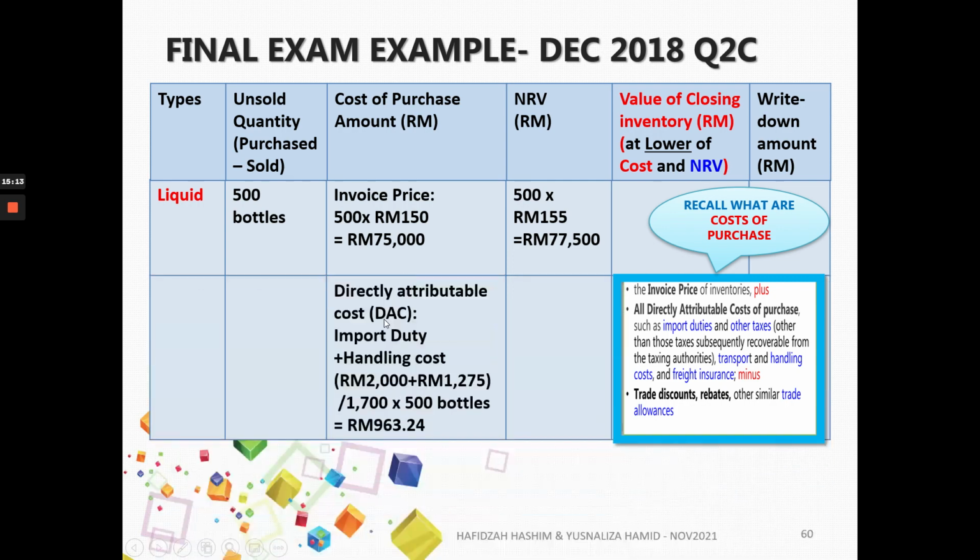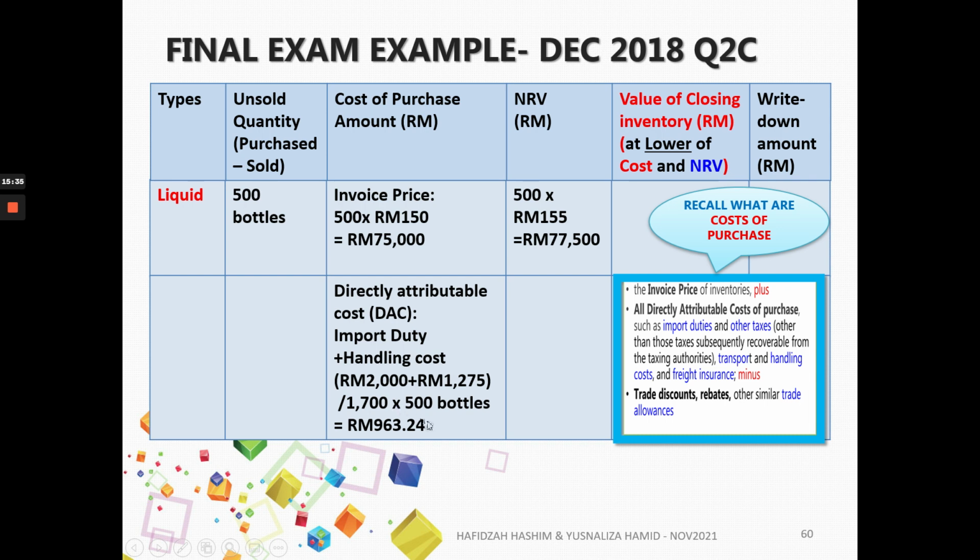However, there are also directly attributable costs, which are the total cost for the 1,700 bottles that were purchased. But we need to go and apportion and find out what are the costs for the unsold inventory, which is the 500 bottles. So that is why it is being apportioned here.